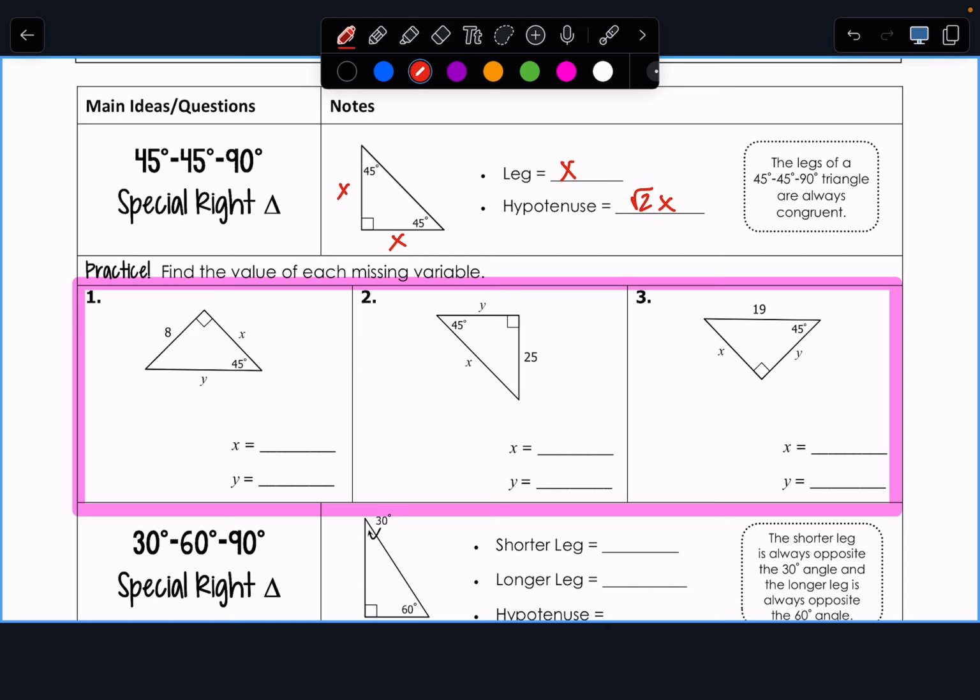No, why is it 8 radical 2? I knew I was missing something. It's not going to multiply by radical 2. Dude, that's a 2.